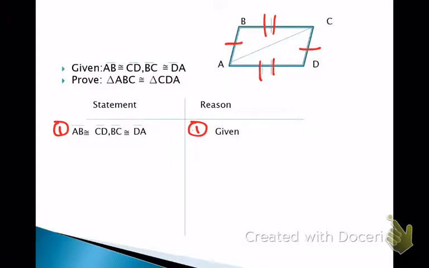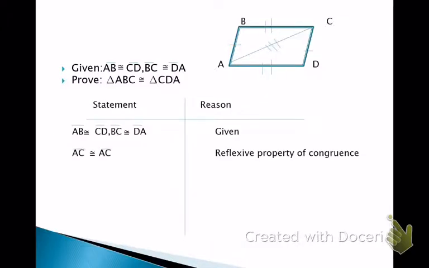Now, what next? Well, I've said before, I love it when two triangles share sides. And these two triangles are sharing this side right here. If we were to pull these two triangles apart, they would both have side AC as one of their sides. So since that's the case, we can write in here that AC is congruent to AC because of reflexive. Of course, it's going to be congruent to itself.